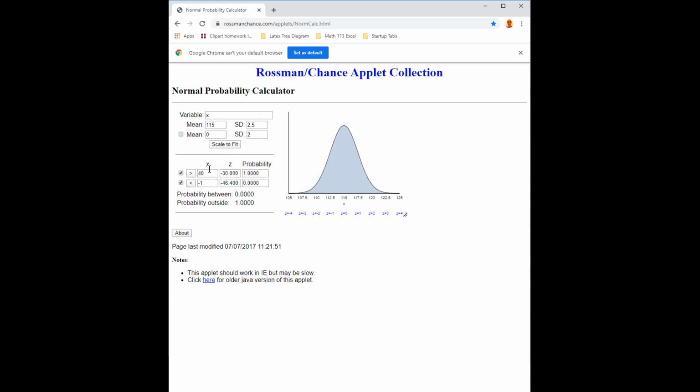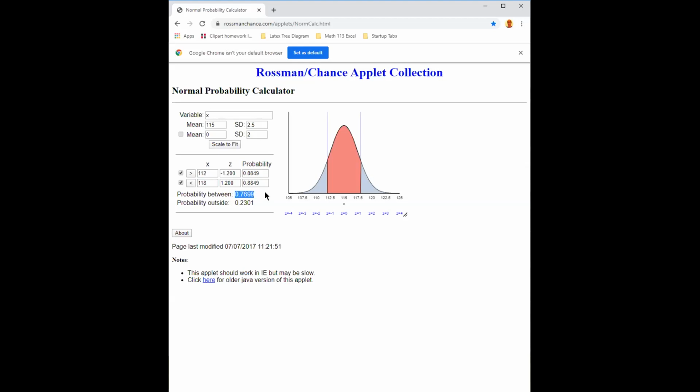So you need to click both of these boxes, and I'll switch this to say 112, and the one below it to say 118. And I'll press enter. So now it's highlighted this part between 112 and 118. And below these boxes, you'll notice it says the probability between and the probability outside. We want that probability between. That's where I got the 76.99%.